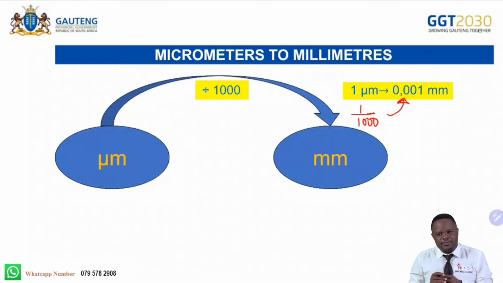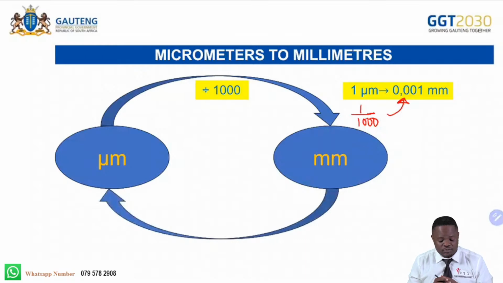0.001 millimeters. You can punch in those values into your calculator. So it means 1 micrometer is 0.001 millimeters. Is that making sense? And then if I have a millimeter and I want to convert it to a micrometer, what do I do?